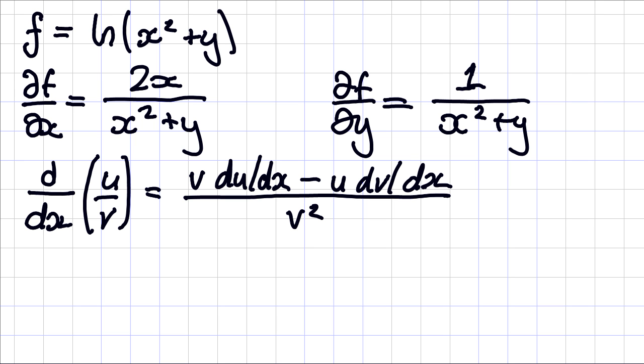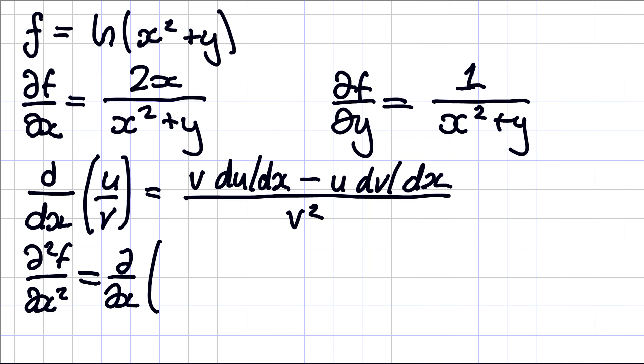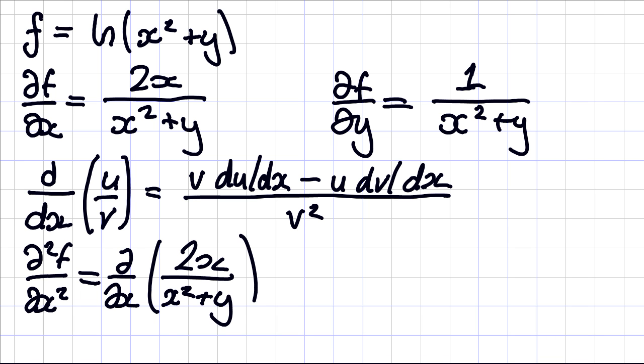So if I calculate d2f dx squared, which is d by dx of df dx, 2x on x squared plus y, then u is going to be 2x and v is going to be x squared plus y. So now I can use the quotient rule to work out the derivative.